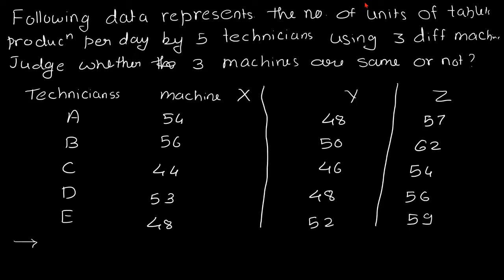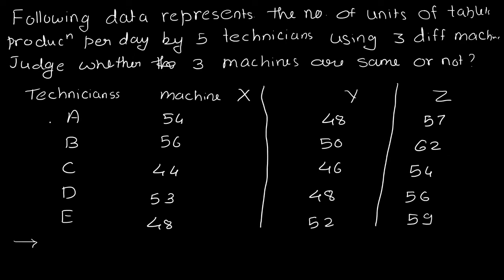Allotting the ranks is slightly different from what we did in the previous ones. In the Mann-Whitney test we combined all the data, and even in the Wilcoxon test we combined all the data and allotted the ranks. But now in this case, we'll be allotting the ranks in pairs.